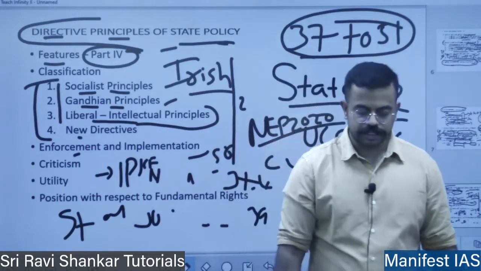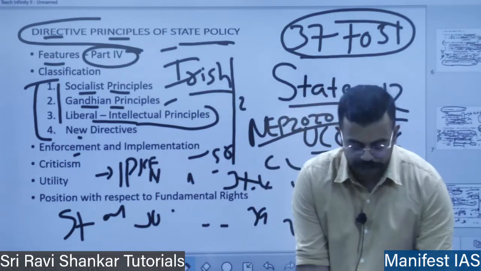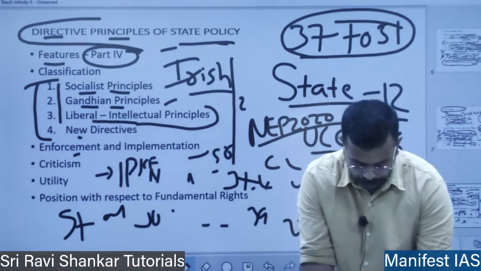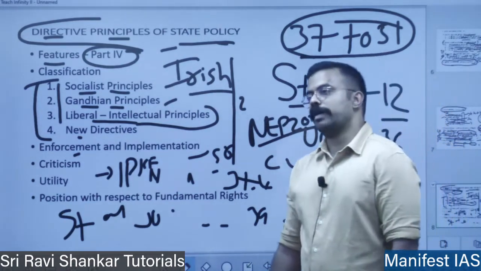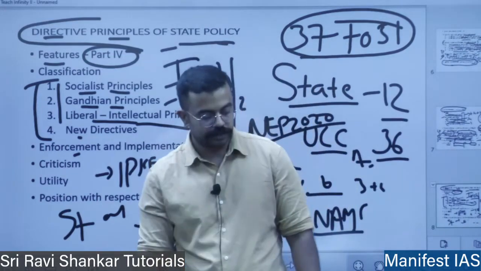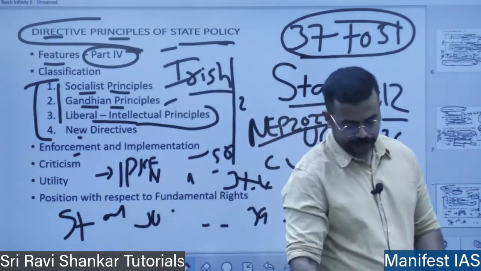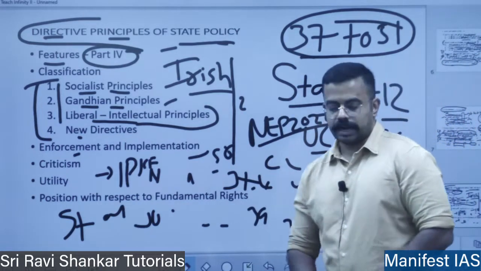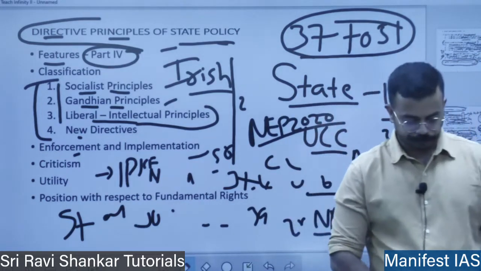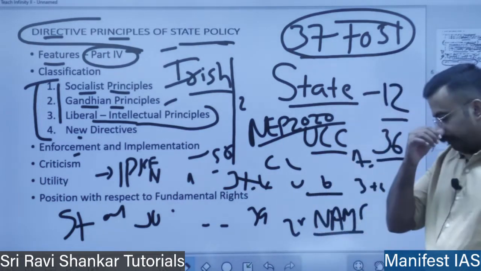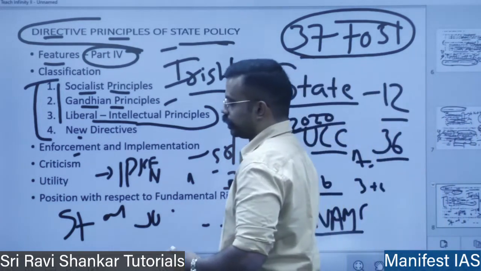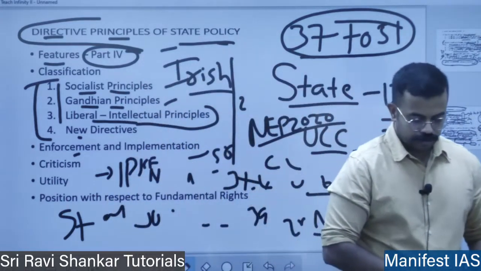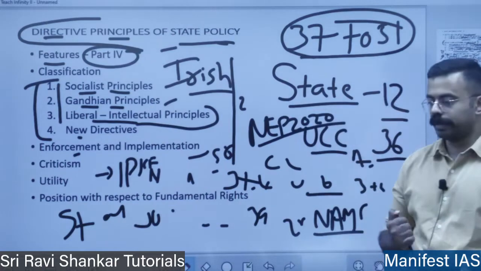Some of the initiatives are: the Planning Commission was established in 1950, Niti Aayog was established. Then Land Reform Acts were passed by various state governments, and we have the Minimum Wages Act, Child Labour Protection Act, Maternity Benefit Act. To provide free legal aid, we have the Legal Services Authority Act 1987, and Khadi and Village Industries Boards were formed.